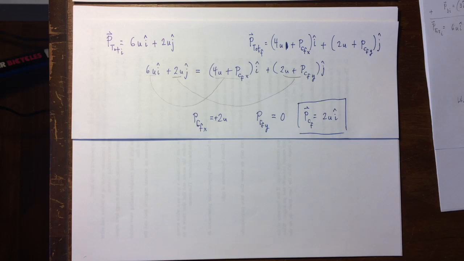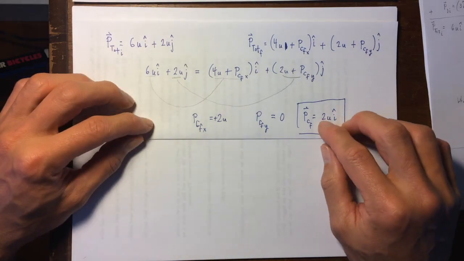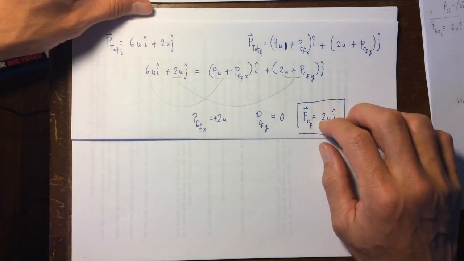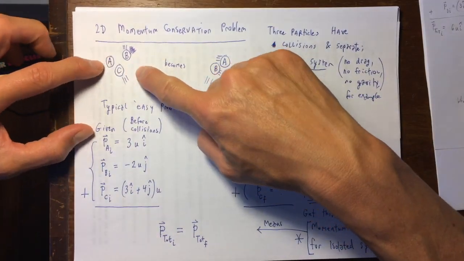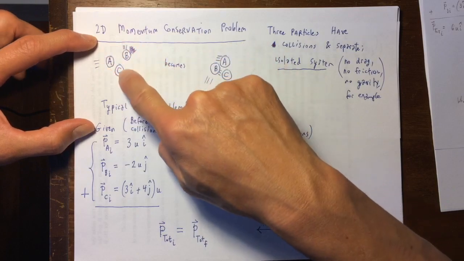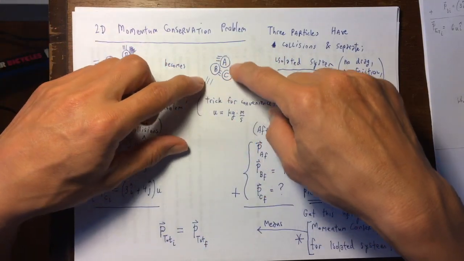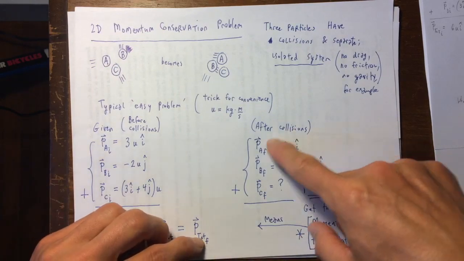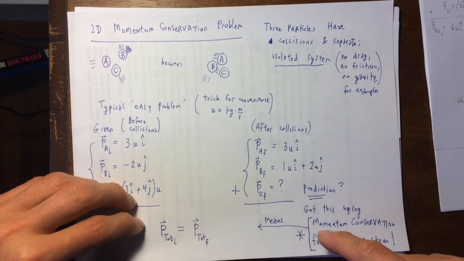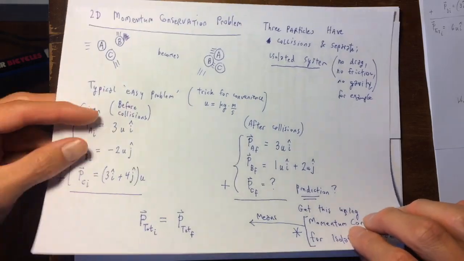So let's learn something else about this interesting collision that just happened. We had all of these incoming momentums into some zone of collisions, and then after the collisions are finished, we have outgoing momentums.